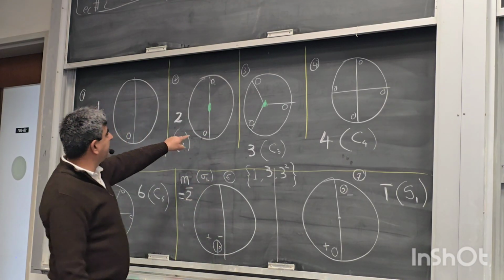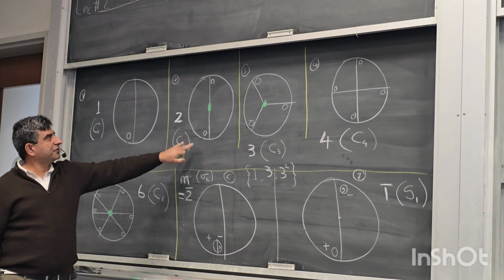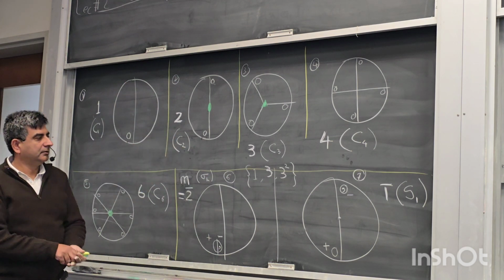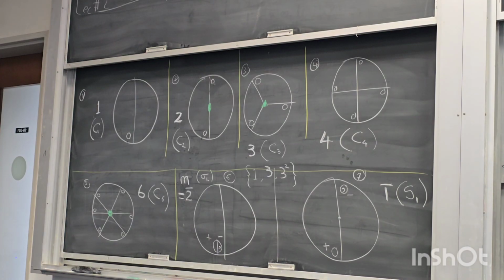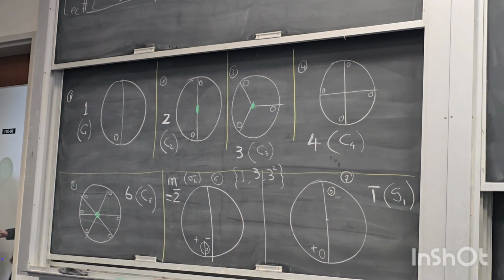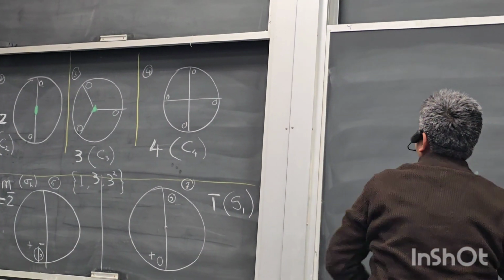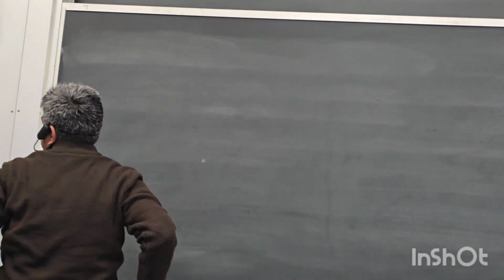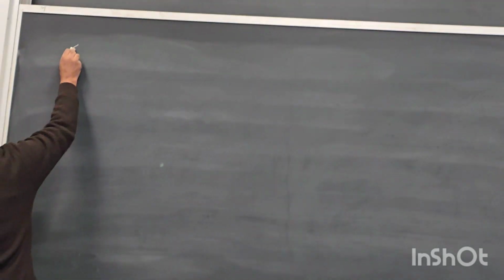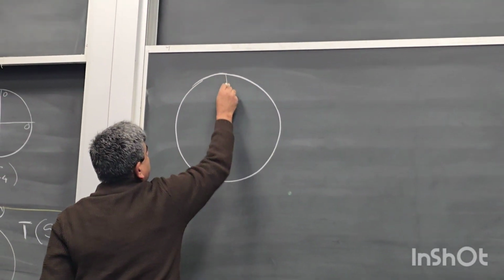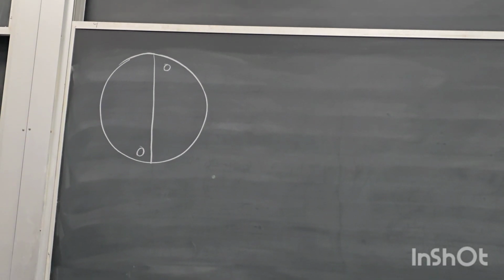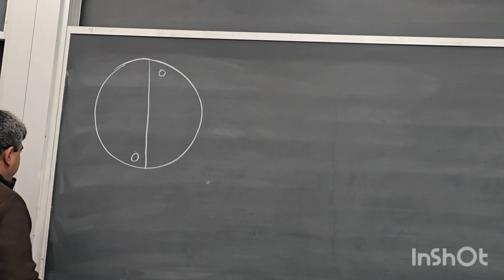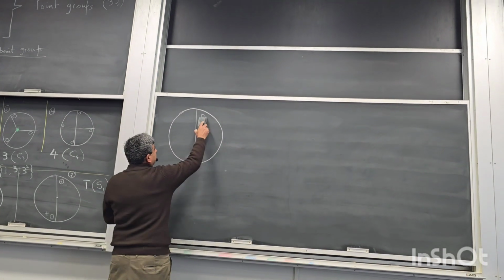Now let's add the mirror operation to this point group. So this is my original point group, the 2-point group or C2 point group. If we draw bigger circles, slightly bigger circles.